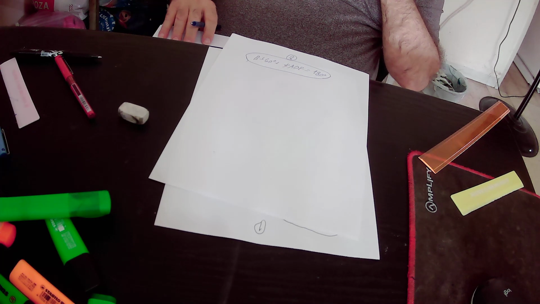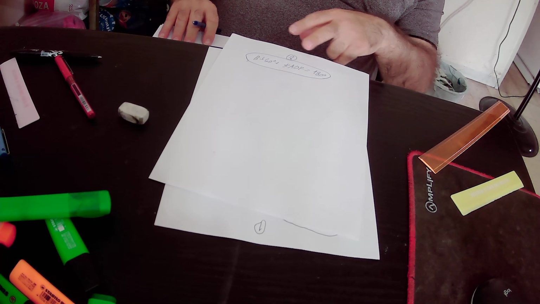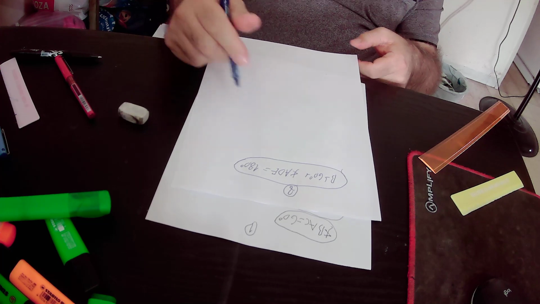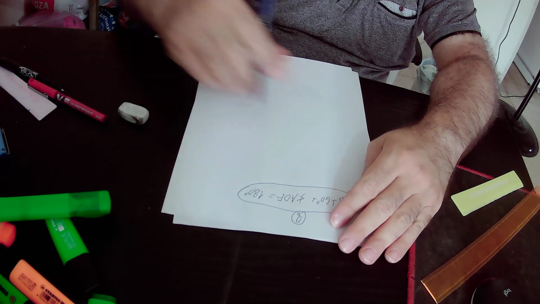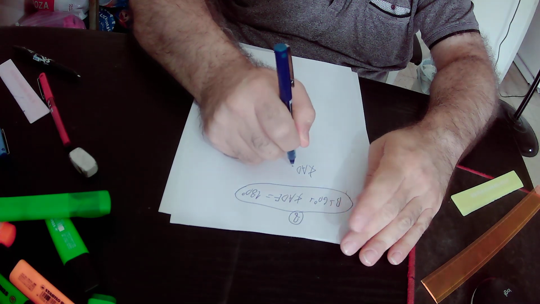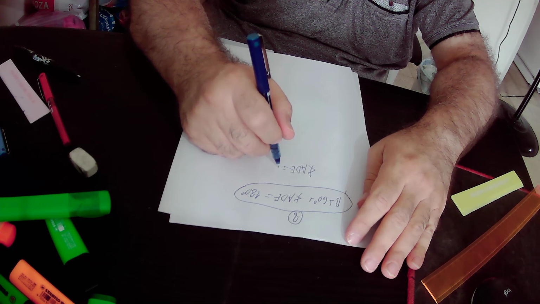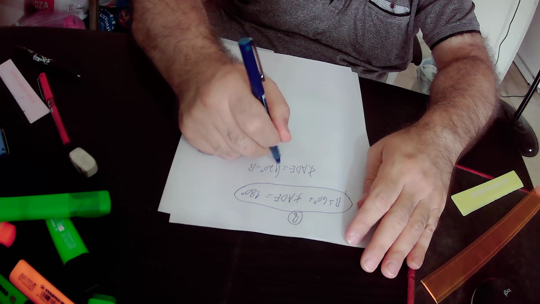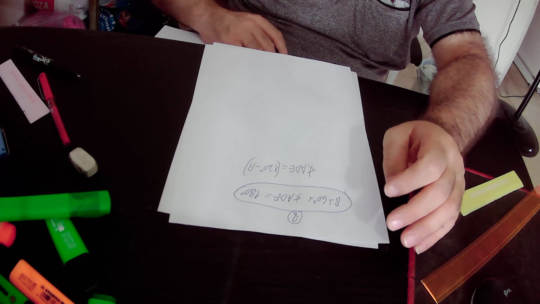So we will subtract beta and also 60 degrees from this equality, and we will get that angle ADE equals 180 degrees minus 60 degrees, which is 120 degrees, minus B. Okay, angle ADE equals 120 degrees minus B.